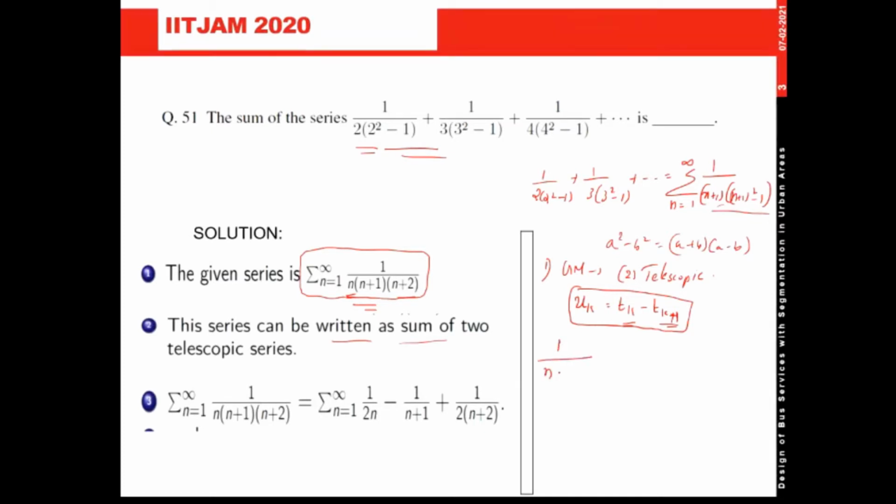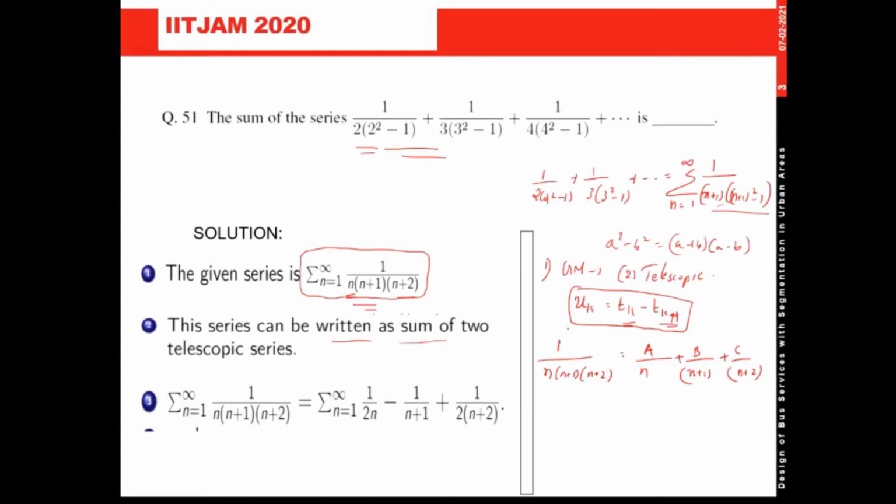Because you can use the method of partial fractions. You take a by n plus b by n plus 1 plus c by n plus 2. If you solve this, you will get a equal to 1 by 2, b equal to minus 1, and c equal to 1 by 2.